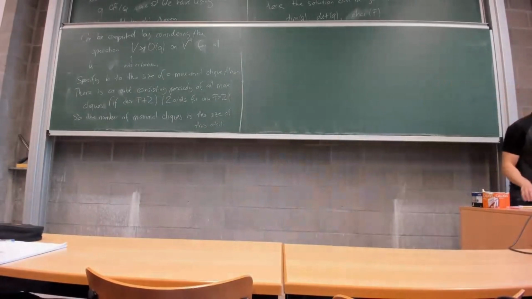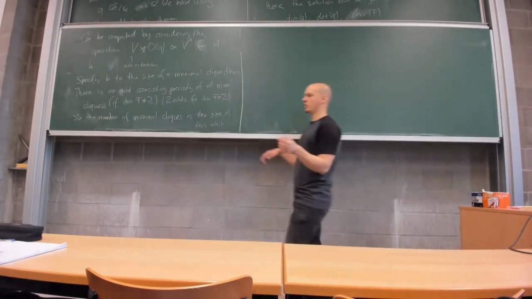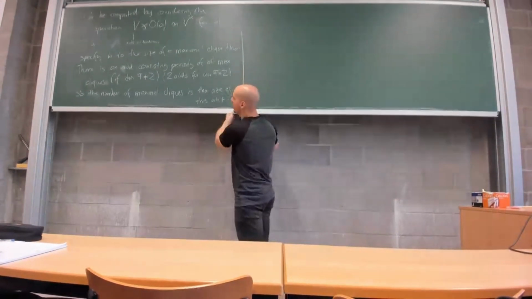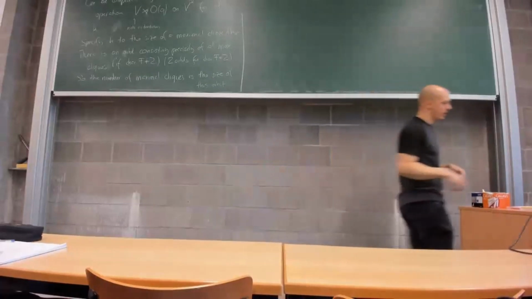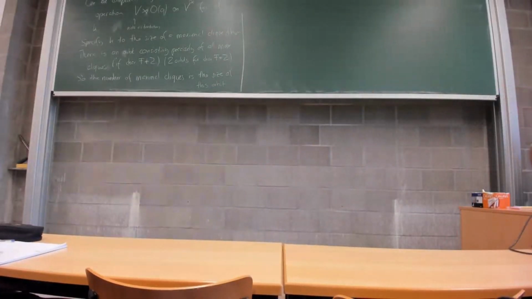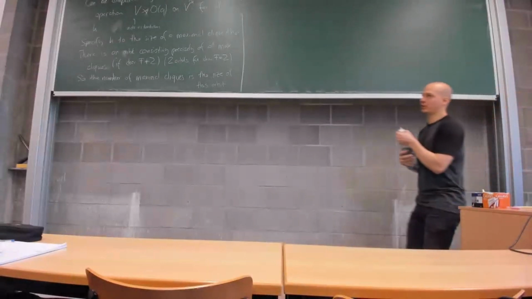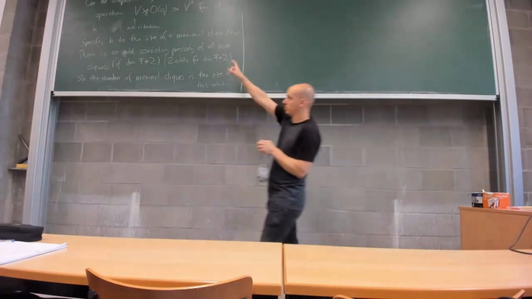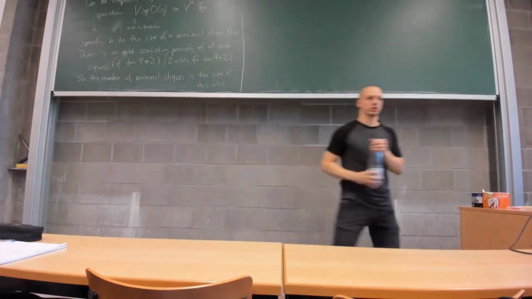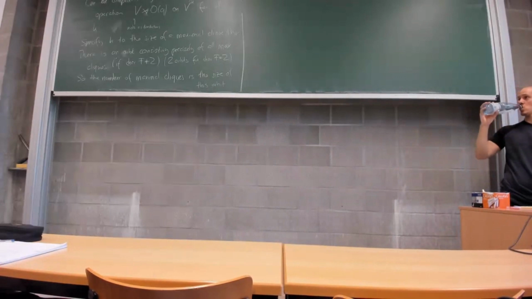But there already was a little discussion during the break. The idea for characteristic 2 is pretty much almost the same. There are some technical subtleties in the calculations, but all the approach runs through more or less, except for such small things that have to be changed.